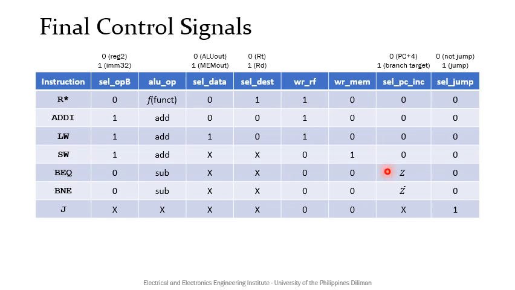For branch equal, we branch if the zero flag is asserted, whereas for branch if not equal, we branch if the zero flag is not asserted. For jumps, the controller asserts cell jump if it detects the opcode for jump. This makes the cell PC increment simply a don't care since the MUX's output is not selected by the MUX nearest to the PC register.